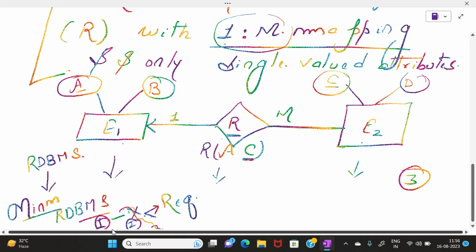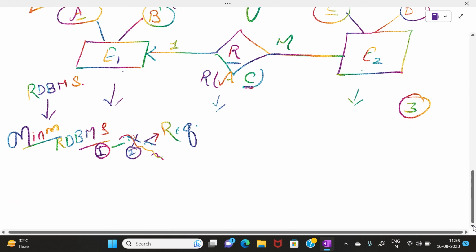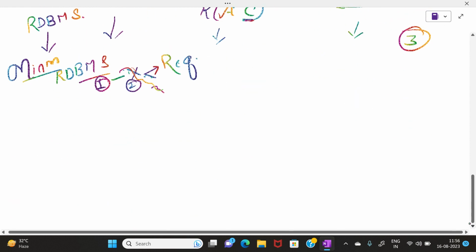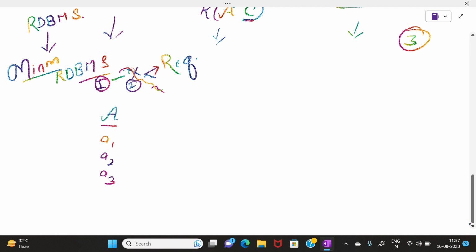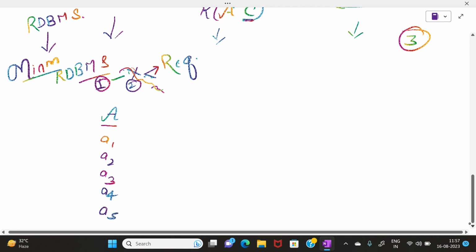If we have to see how we can merge these 2, let's see with this example what I'm trying to say. Let's say here we have the attribute A. So A can be A1, A2, A3, A4, A5. We have A and C. C is the candidate key, we already have discussed.